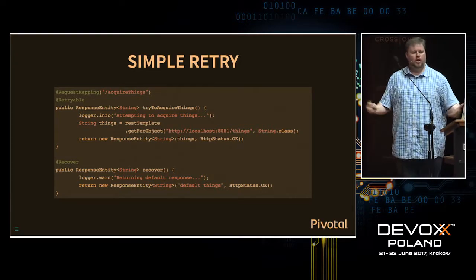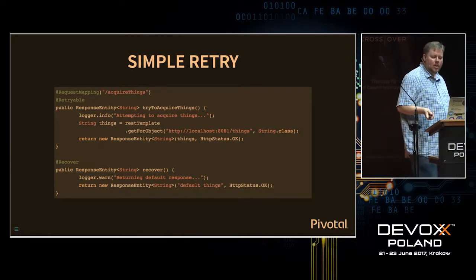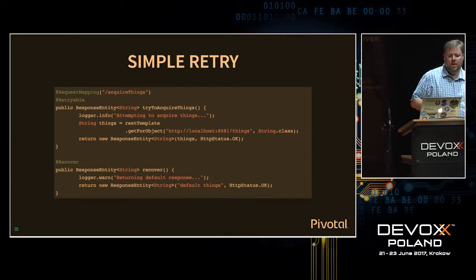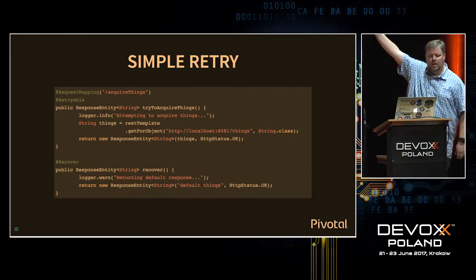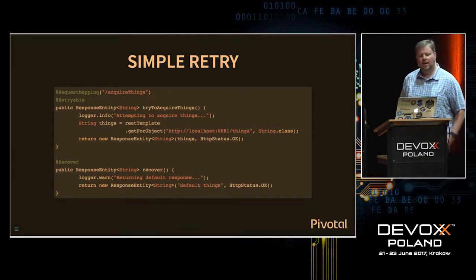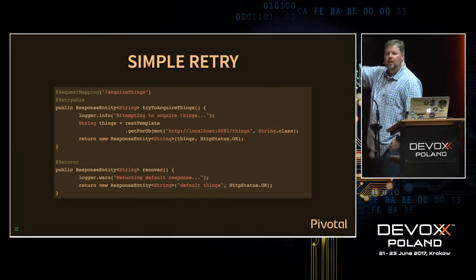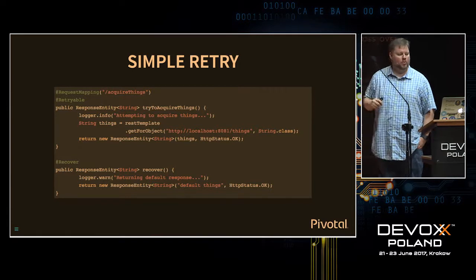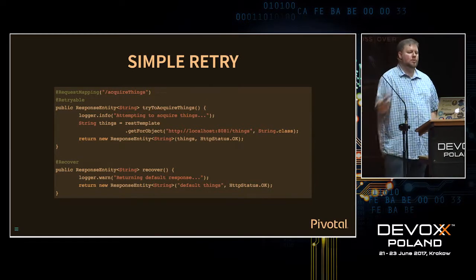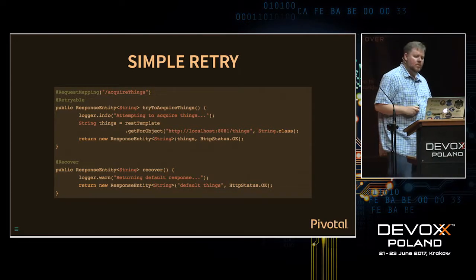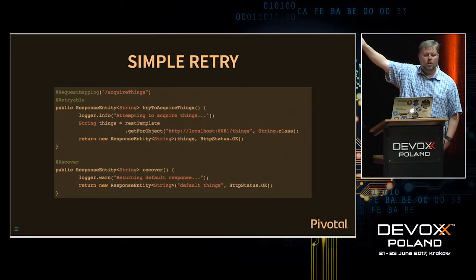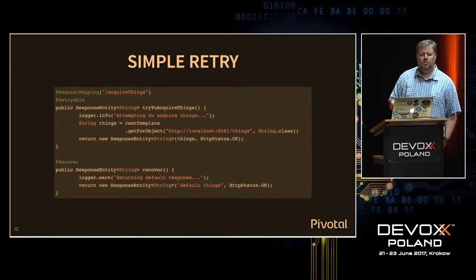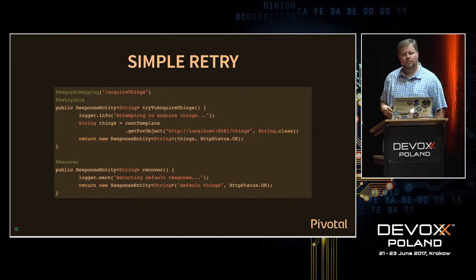And if that's good enough, you've got that. And then the next method is annotated @Recover. And so for this bean, anytime one of these @Retryables actually falls out and has a maximum number of retries, then we can actually execute this method instead. And so this is a very simple example of retry our request for some things for a few times, and then if we can't ever get it, then actually give just some default response.